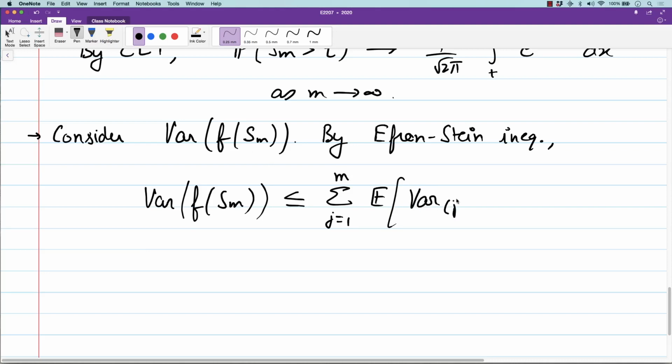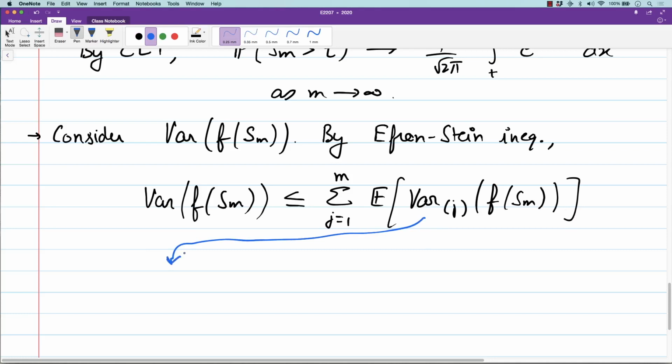Fix all epsilon i's except the jth one, and then look at this variance of f of Sm, viewing it as a function of epsilon 1 to epsilon m.